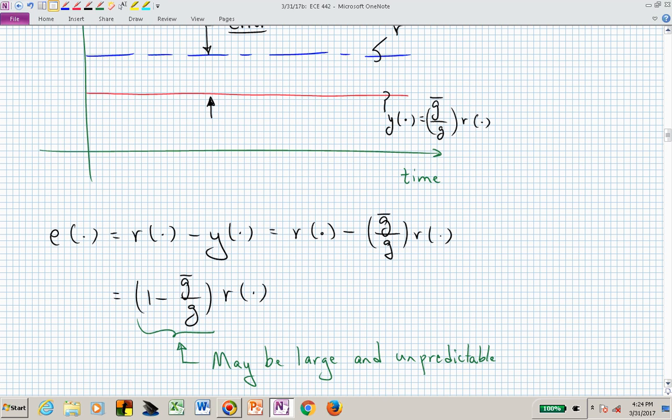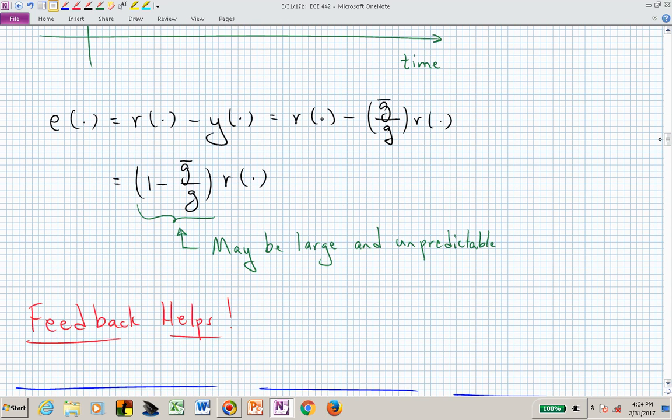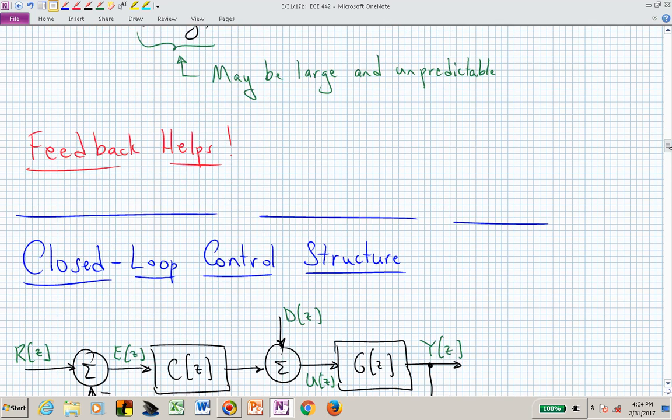And if we're operating in this open loop scenario, that may not be acceptable. And in fact, what we are going to show now is that feedback can help us improve upon this accuracy, or lack of accuracy, from the open loop scenario.